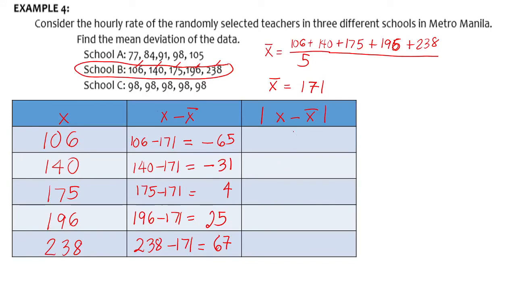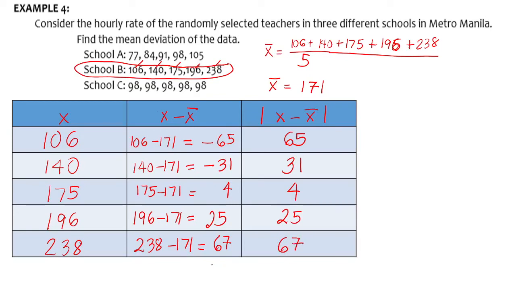So what are you going to write here? 65 for negative 65. What about negative 31? Absolute value is 31. Next is 4. Good. Next is 25. Next, 67.